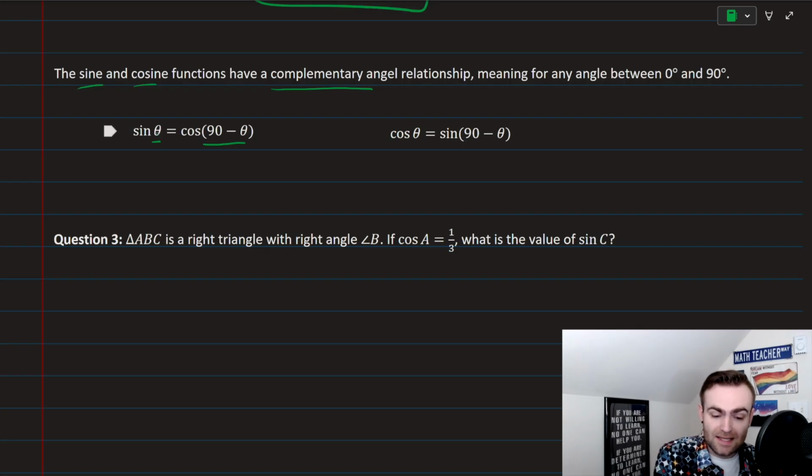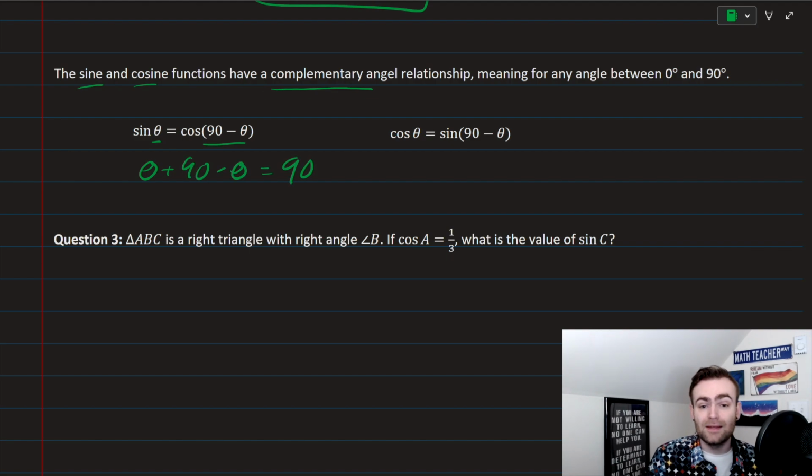So in this case here, if I have this angle here and I add it to this angle here, 90 minus theta, if that equals 90, then this statement is true. If I do, these two would cancel out, give me 90 is equal to 90, which is true. So that is why it works.